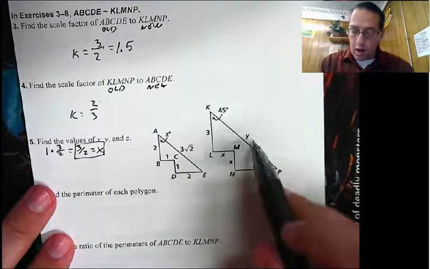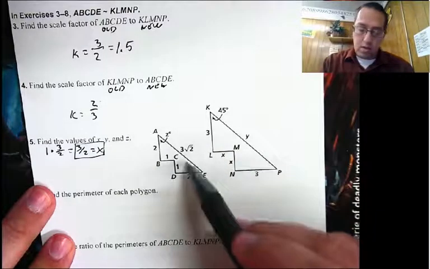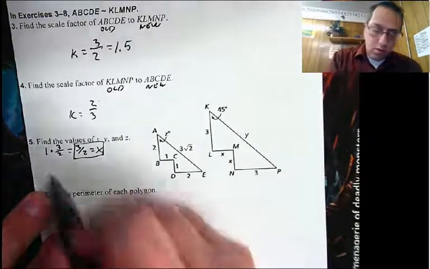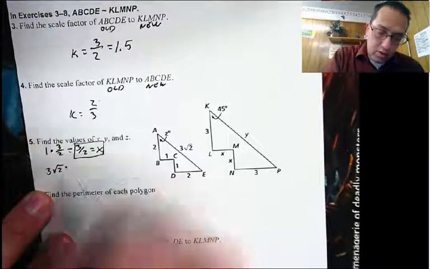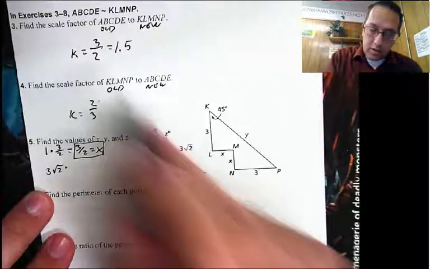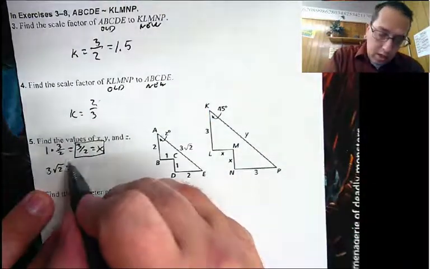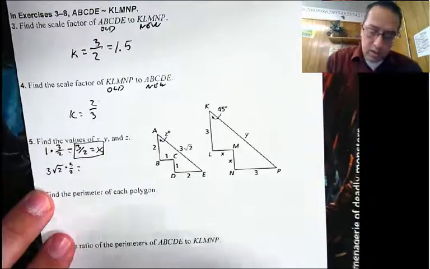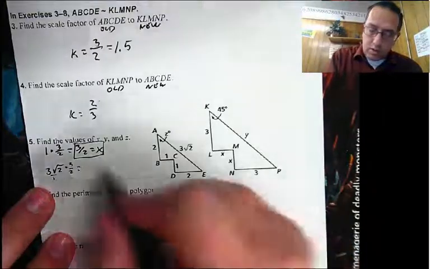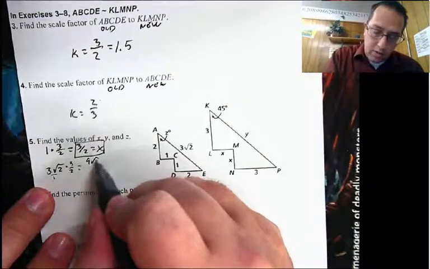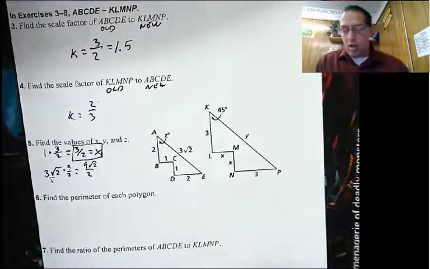Now we need y. Y is right there. It corresponds with this diagonal thing here. And so that's 3 square roots of 2, times my scale factor, because I'm going from ABCDE to KLMNP. So that is 3/2, which equals, we multiply fractions straight across, and we have 9 square roots of 2 over 2, which is kind of hideous.